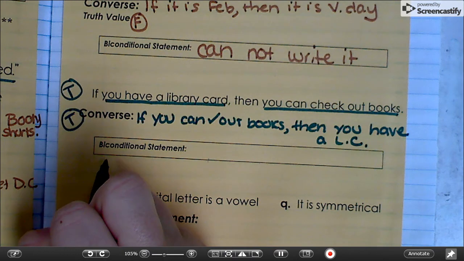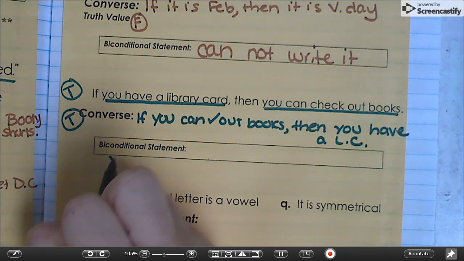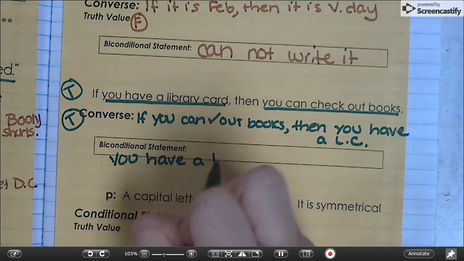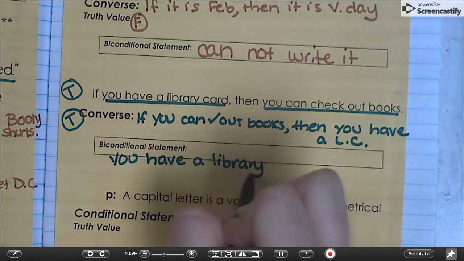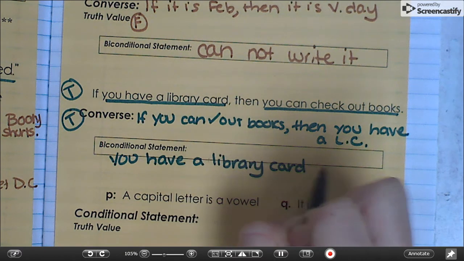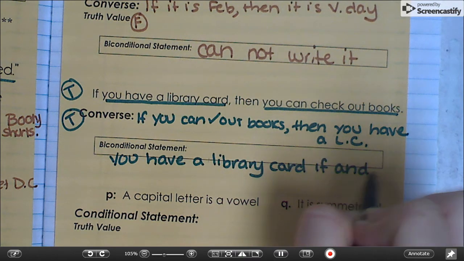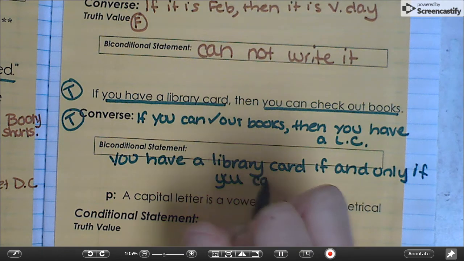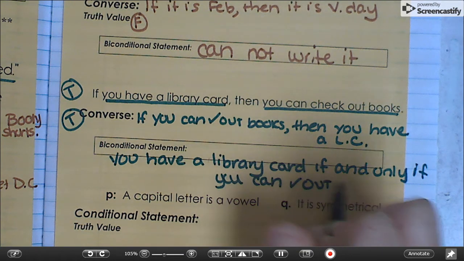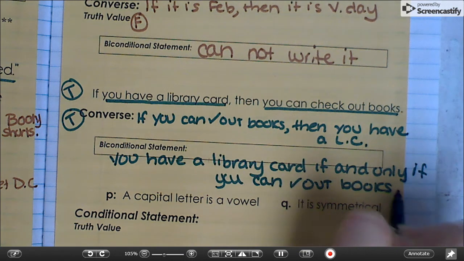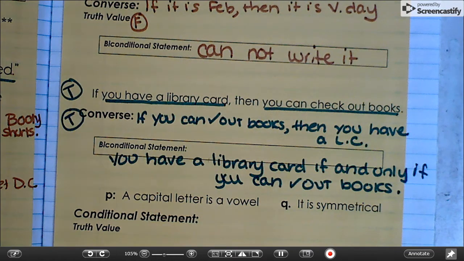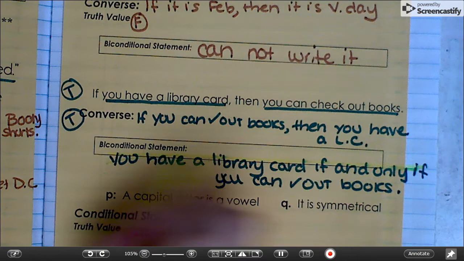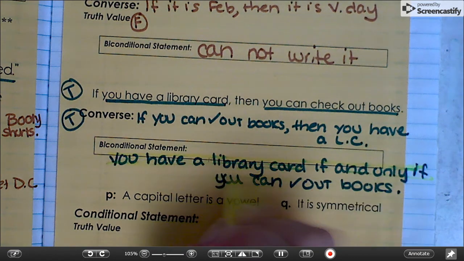So it looks like this. You have a library card if and only if you can check out books. That is a bi-conditional statement.